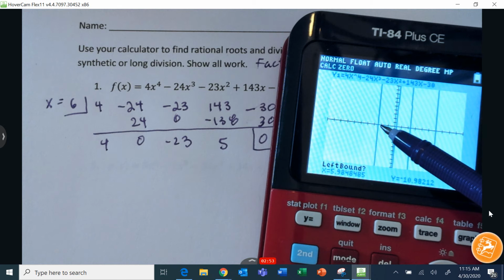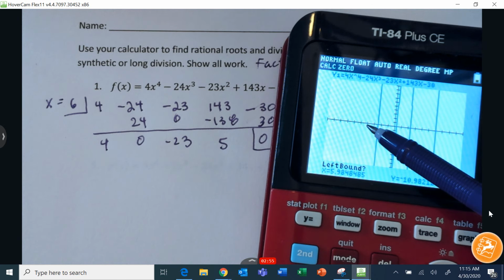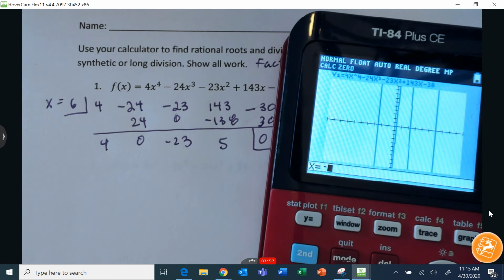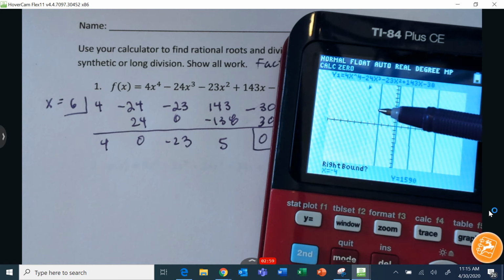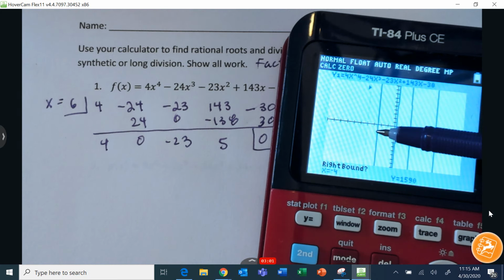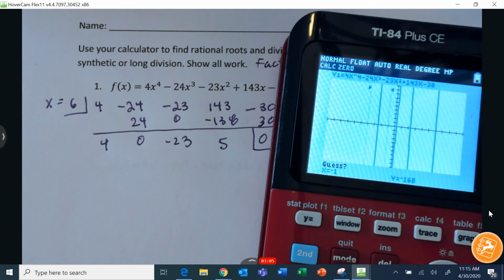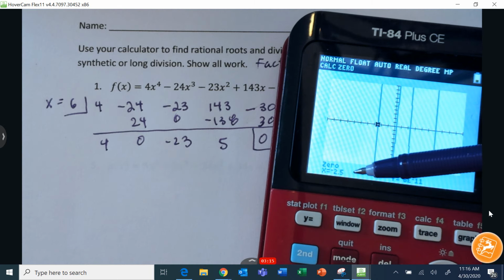I have to go left of this point, so maybe -4. Then I'm going to go right bound, -1. Then guess; it looks like it's maybe -2.5, but I'll just type in -2. And oh, it is -2.5.